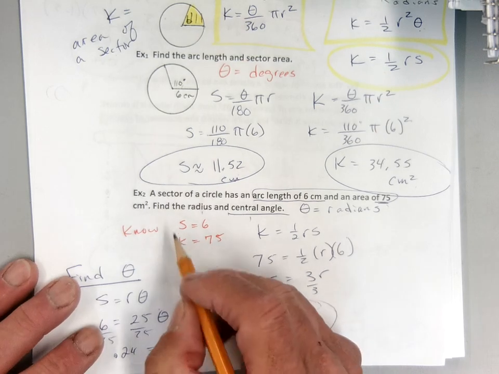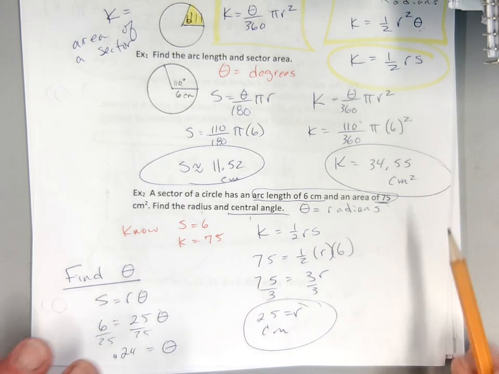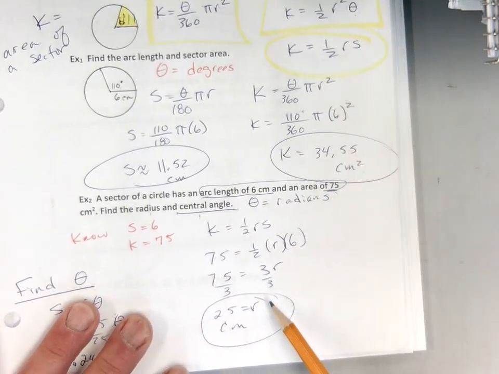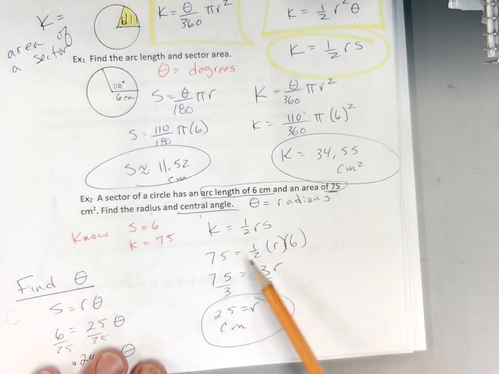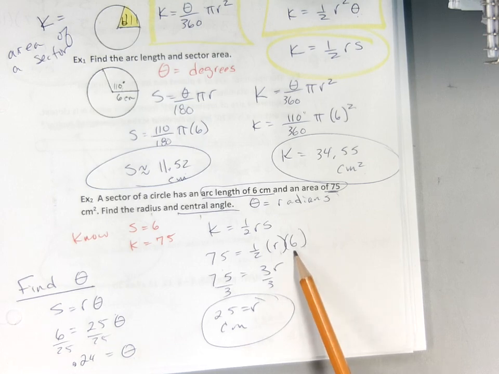Remember, if pi is 3.14, that's an angle. Then for the area I used 75 equals 1/2 r times 6, because 6 is my arc length, and I found the radius to be about 25 centimeters.